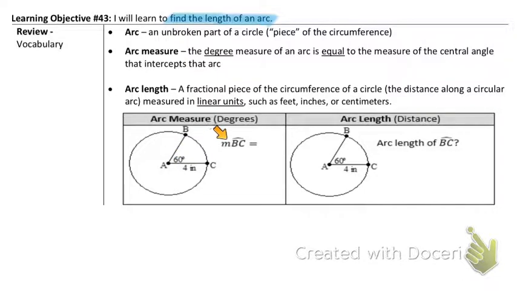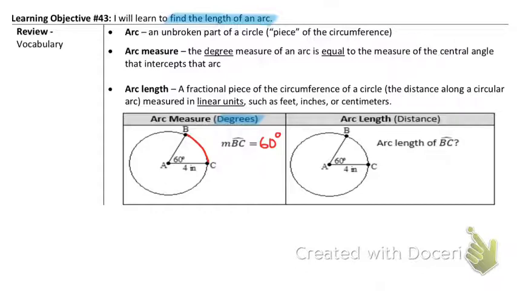So if we're looking for the measure of BC, then the arc measure of BC is 60 degrees. Notice that our answer for arc measure is always in degrees.